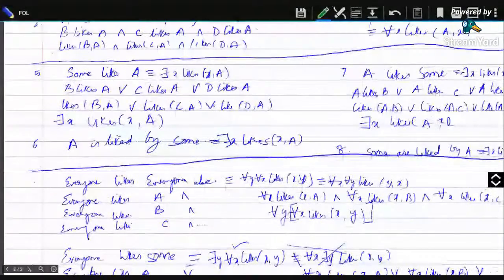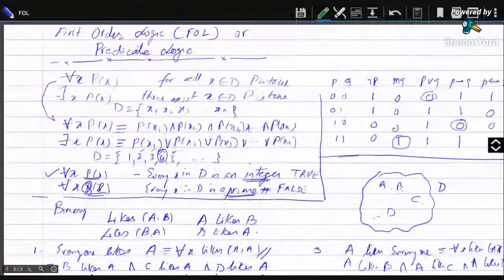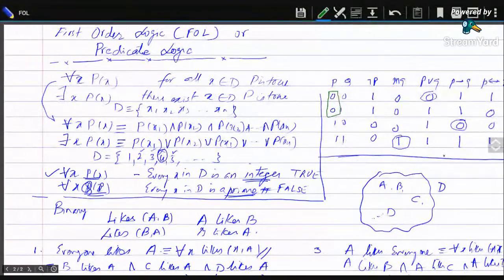The easiest way to make inference true is just look at this P condition. If P is false, this is invariably true. Whereas if P is true, then you have to look at Q also. If P is true and Q is true, then only it is true. Otherwise, if P is false, then irrespective of Q, it is true. Therefore, the simpler way of proving that this is true is just to make sure that the left side is false.